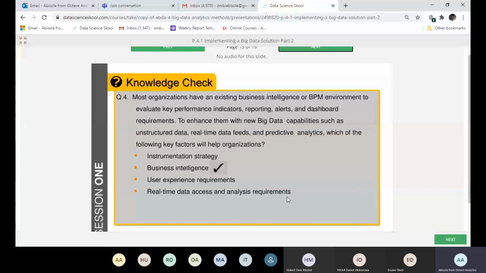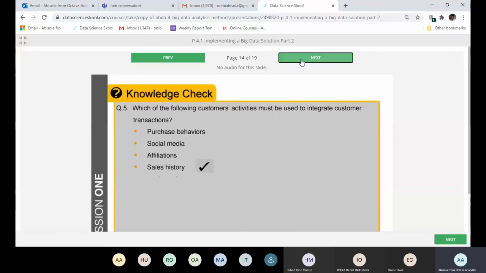You have to show them that you can actually do these things with their data. So the way to show them is to perform business intelligence, do these analytics, do these visualizations, and show them. That's the way to help them see that these big data capabilities are actually very useful within their organization. So that is why we have business intelligence here.